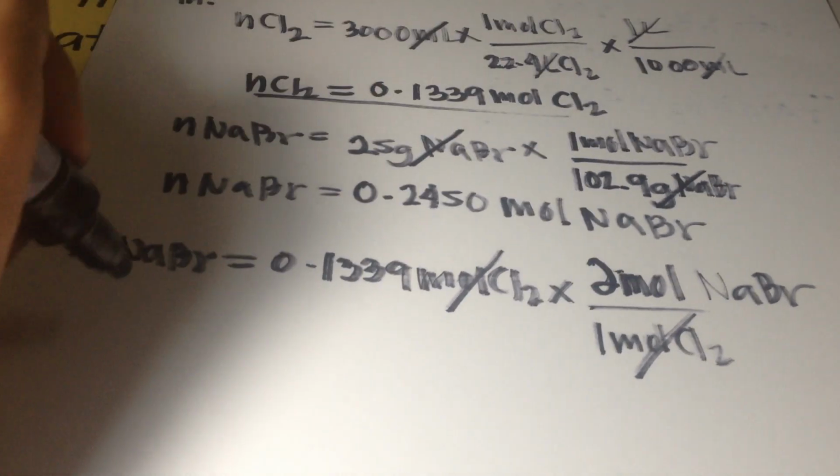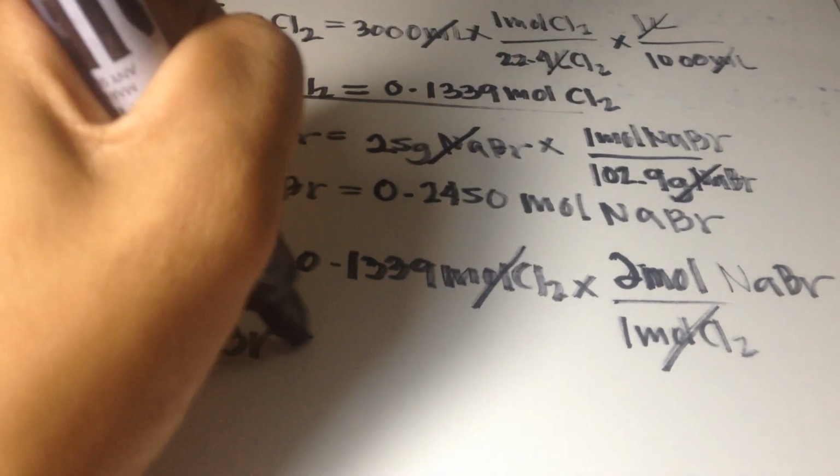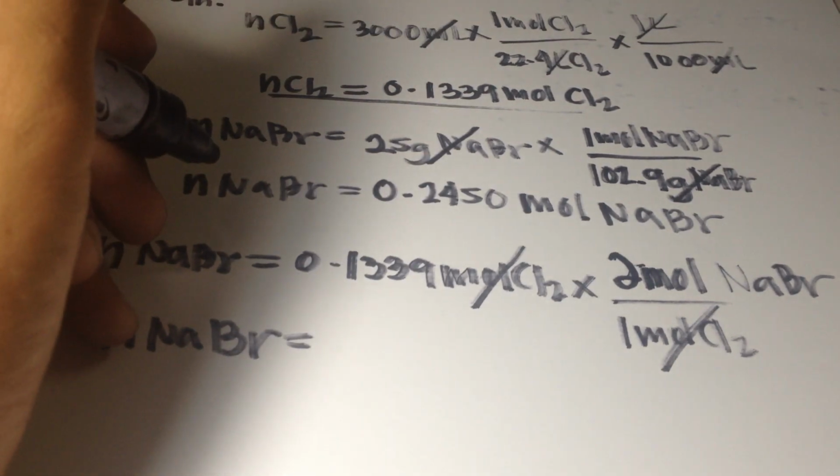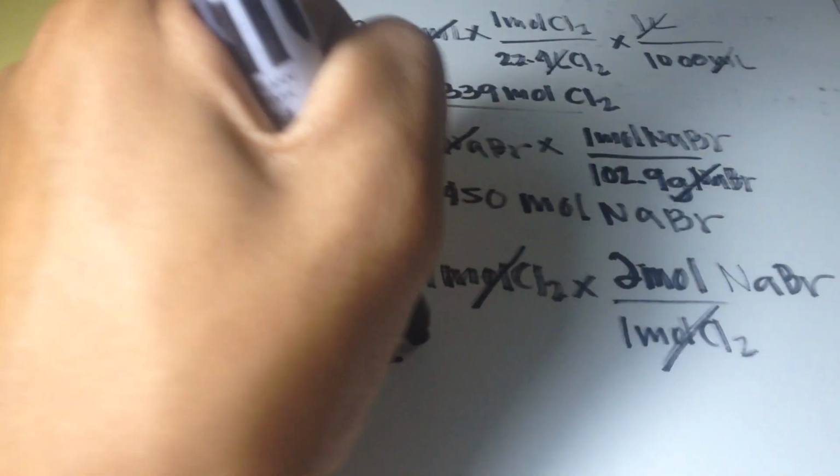Okay, cancel out. So n of sodium bromide is equal to 0.1339 times 2, which is 0.2678 moles of sodium bromide.